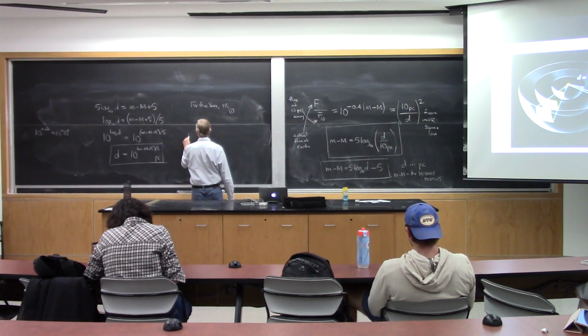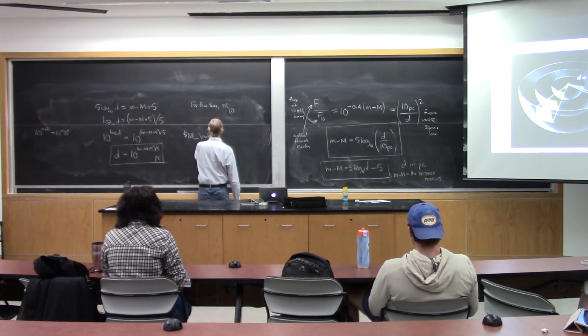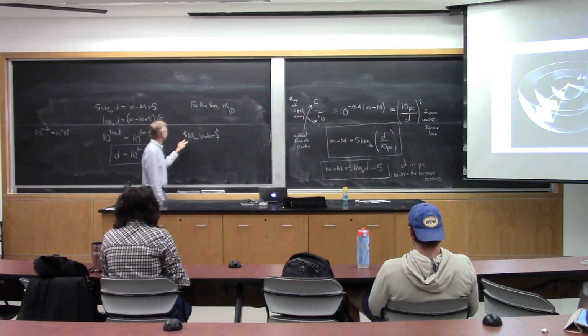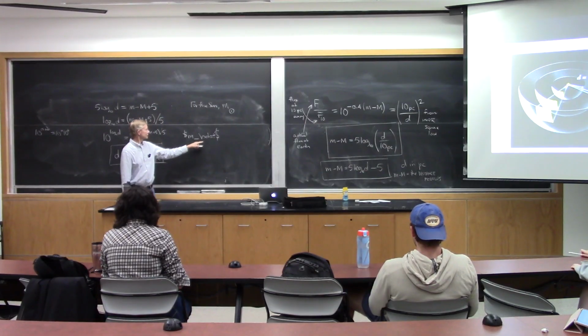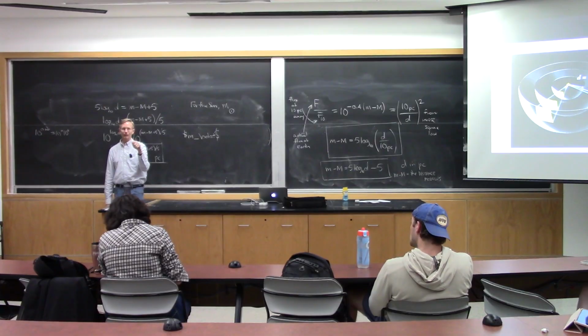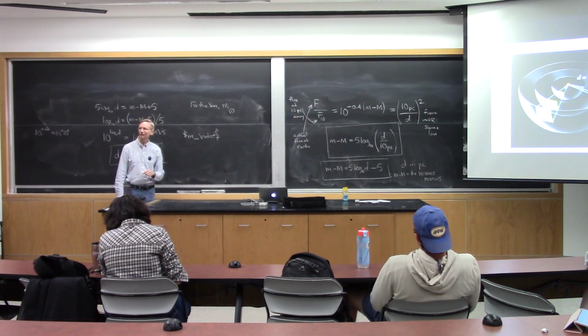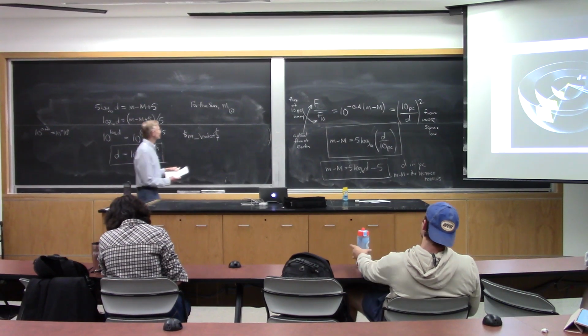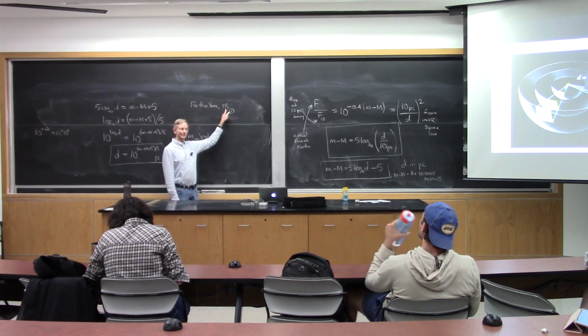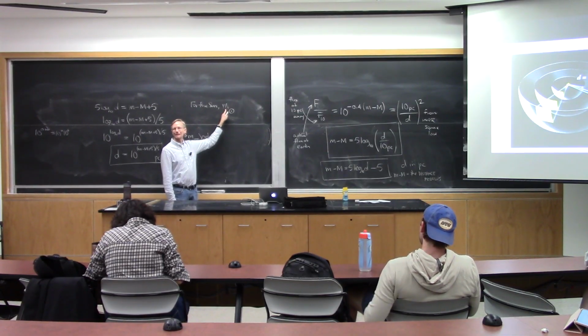In LaTeX, if I wanted to create that, it would be M underscore, backslash odot, like that. Backslash odot is that circle dot symbol in LaTeX. And we have to be careful because this looks dangerously like a symbol for mass too, and so you have to know the context here.